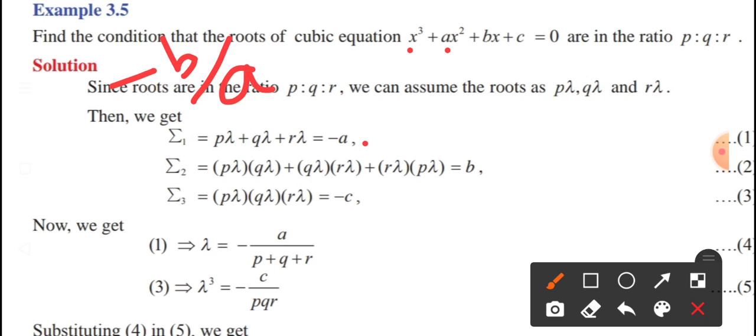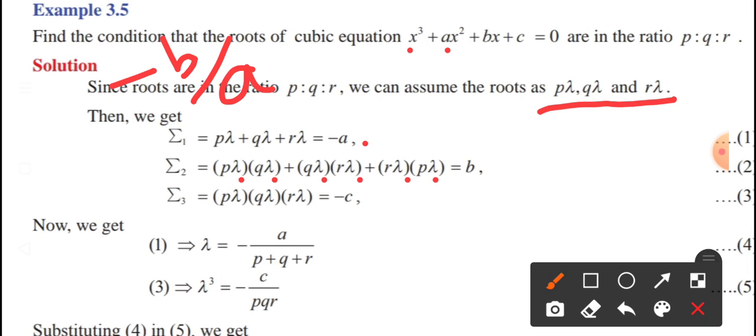Next, sigma 2. Sigma 2 means what? Yes, very good: the sum of the product of the two roots. We are assuming the roots p lambda, q lambda, r lambda. First we multiply the first two roots, then the second two roots, and then the first and last.